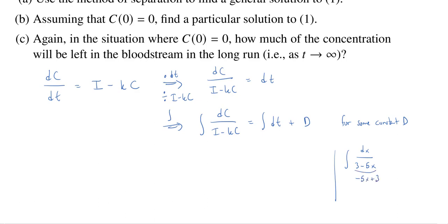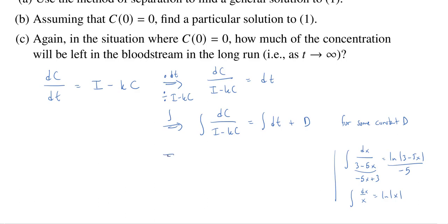This is very similar to what we did in video 1: when you look at something like 1 over x, an antiderivative of this is ln of the absolute value of x. So all we have to do is guess that it's going to be basically the same thing. We guess ln of the absolute value of 3 minus 5x, but if we checked it by taking a derivative, the chain rule would yield an extra negative 5. So we have to compensate by dividing by negative 5.